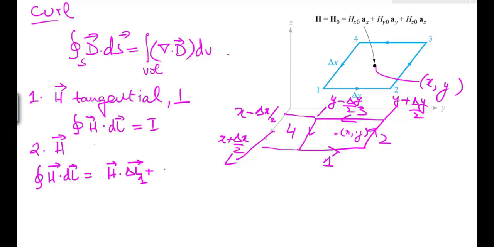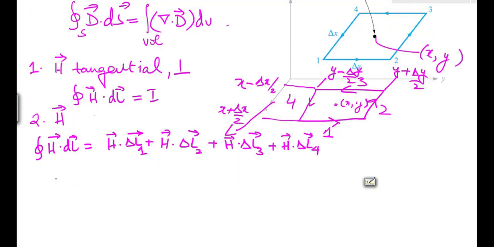Similarly, the magnetic field intensity at path 2 will be dotted with delta L2, and the Ampere Circuit Law at path 3 will generate this. Similarly, we will have it for path 4. So this is what we have to solve.